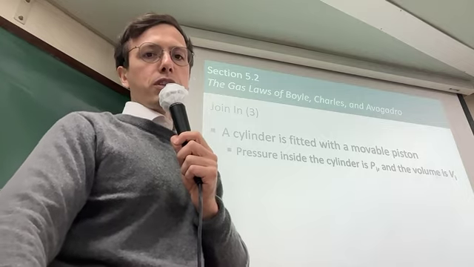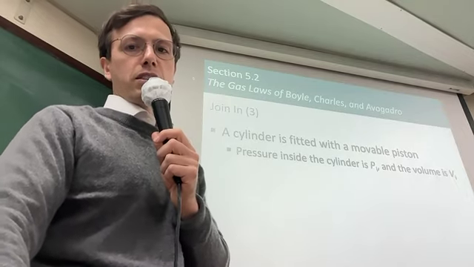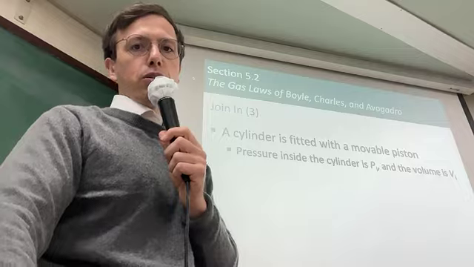A cylinder is fitted with a movable piston. The pressure inside the cylinder is Pi. The volume is Vi.